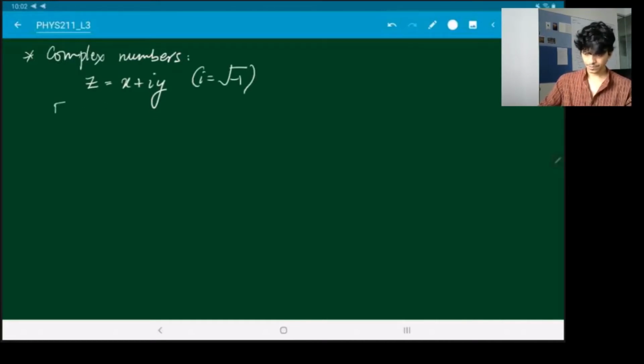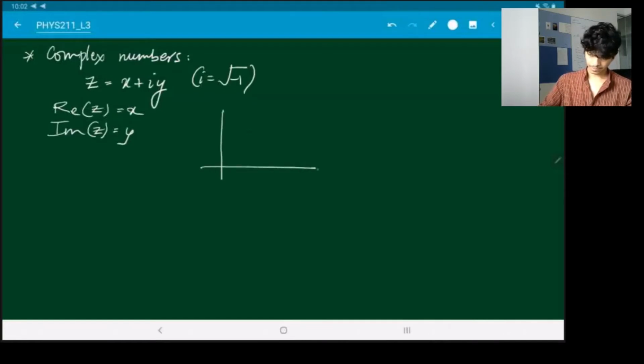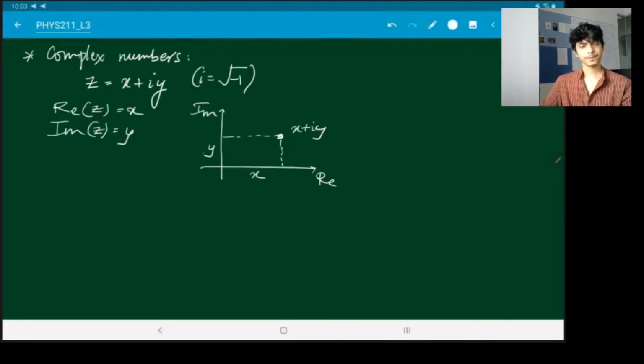So x is called the real part of the complex number, and y is called the imaginary part of the complex number. And you can plot a complex number on the complex plane. So this is the real component, this is the imaginary component, and x plus iy would be somewhere over here, where this is the x component, this is the y component.